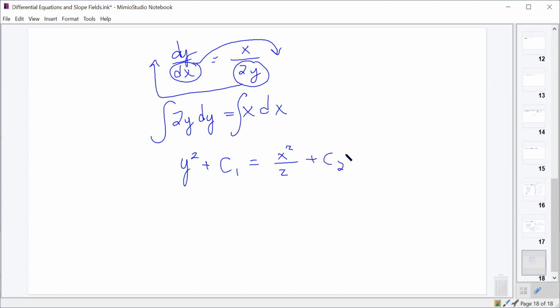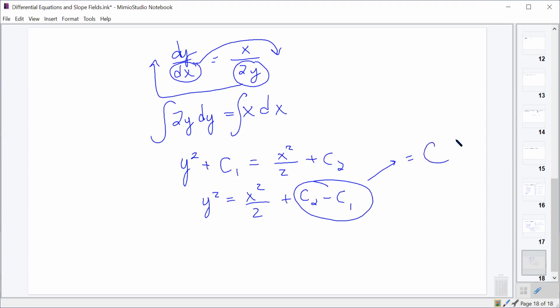Yeah, plus constant 2. Now, normally when we do these separable differential equations, we don't write constant 1 and we don't write constant 2. Because I could rewrite this like this, right? Y squared equals x squared over 2 plus constant 2 minus constant 1. Well, what's constant 2 minus constant 1?